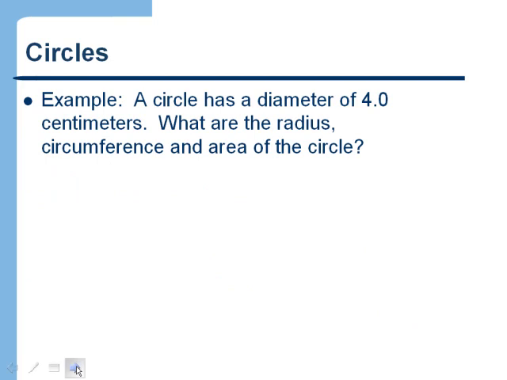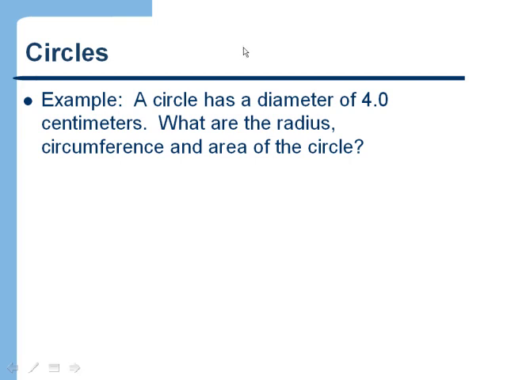Let's try out a practice problem. So in this example, a circle has a diameter of 4 centimeters, and we want to know what are the radius, the circumference, and the area of the circle. So the first thing we want to do is go ahead and figure out what the radius is.